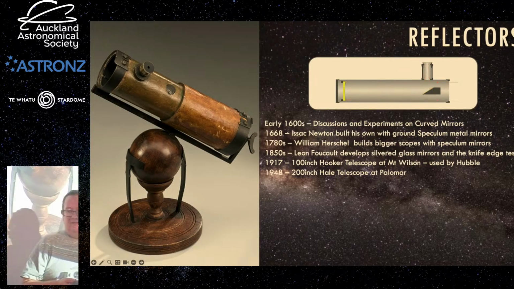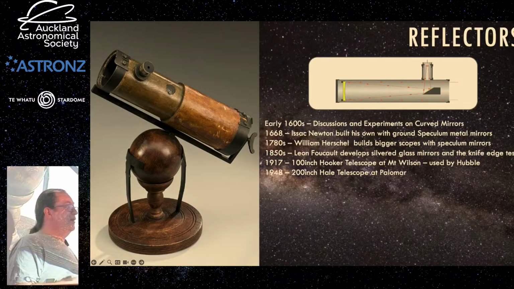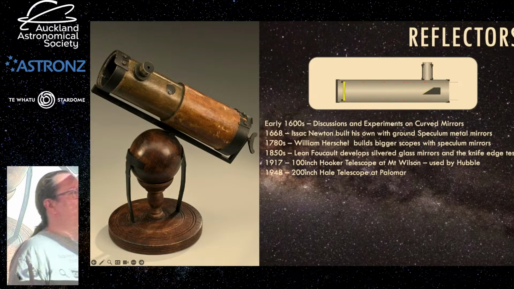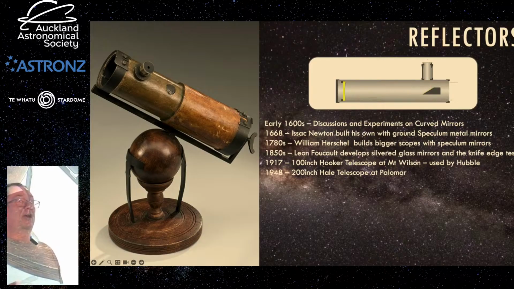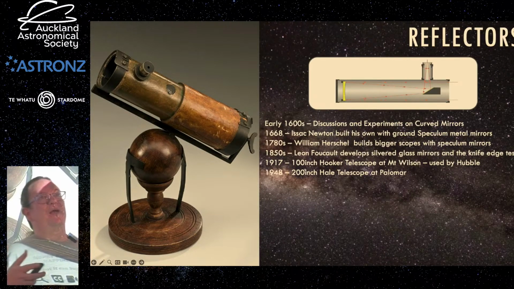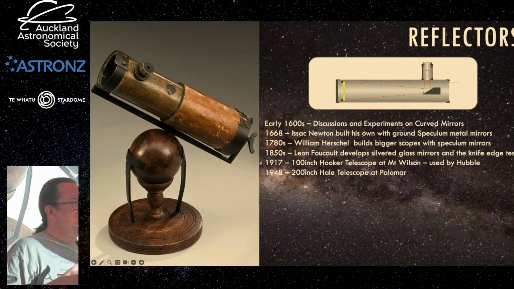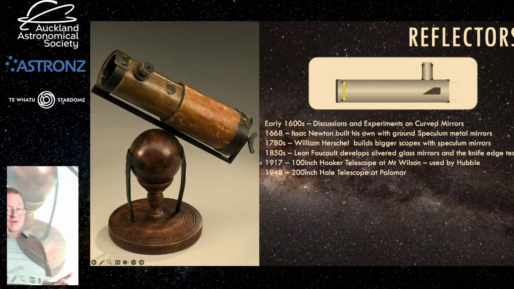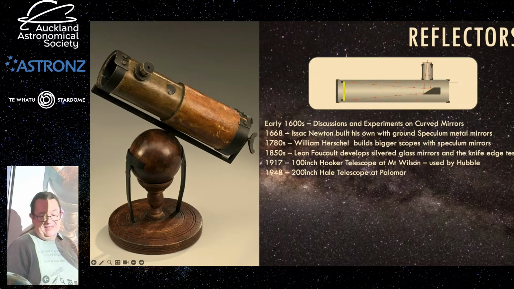Ultimately, this same technique, making a first surface silvered mirror, is where we still are, to make telescopes like the 10-meter Keck telescope. We've improved the techniques, such as making segmented mirrors and being able to change the orientation and shape of the figure of the mirrors to counteract atmospheric distortion. But ultimately, it's the same thing.